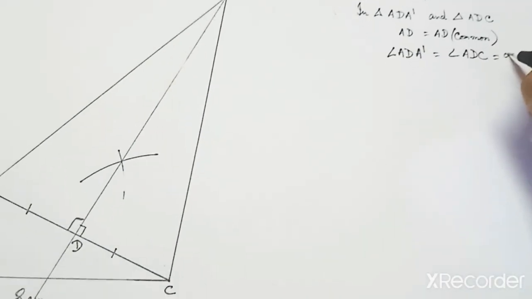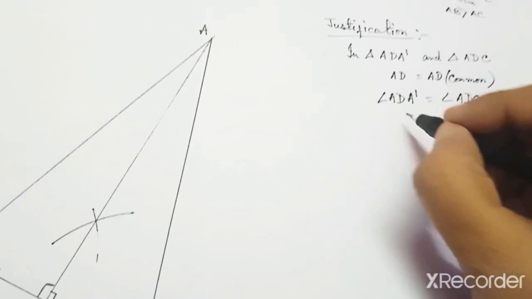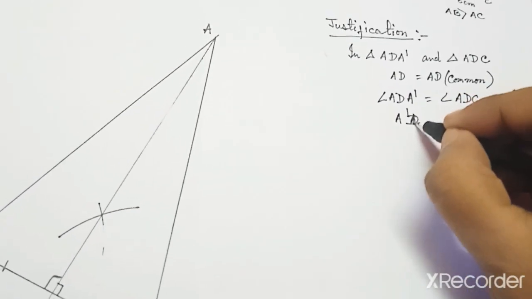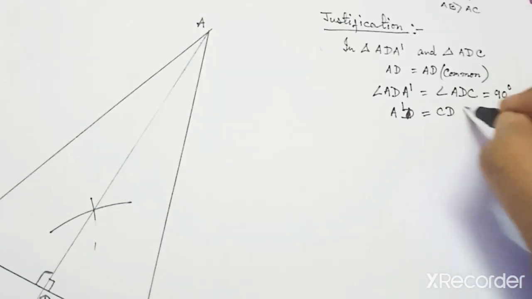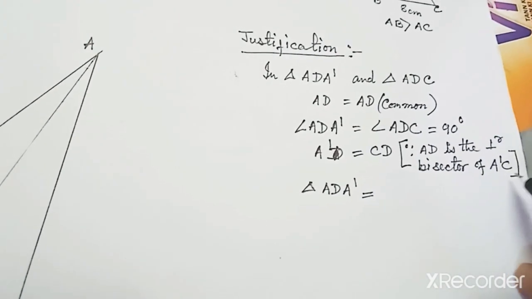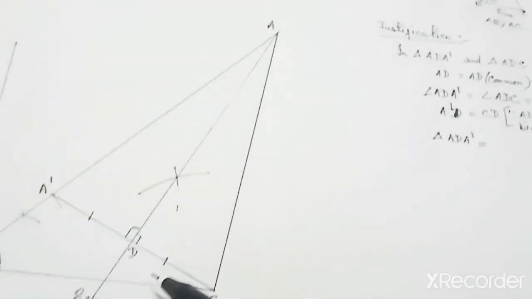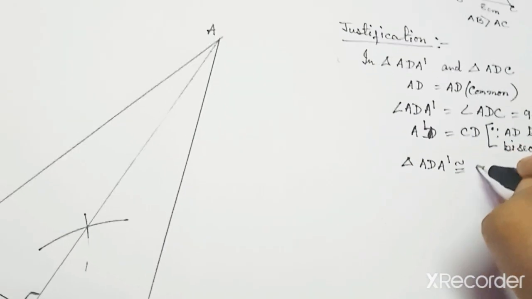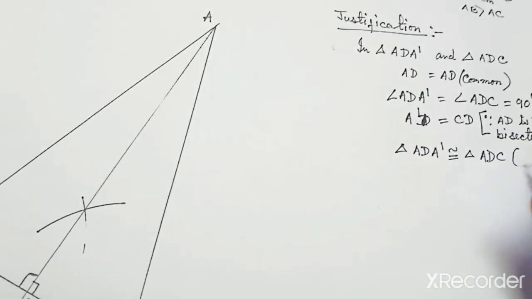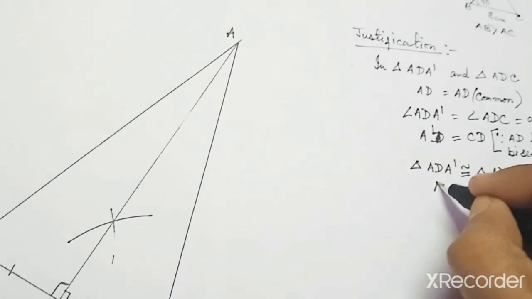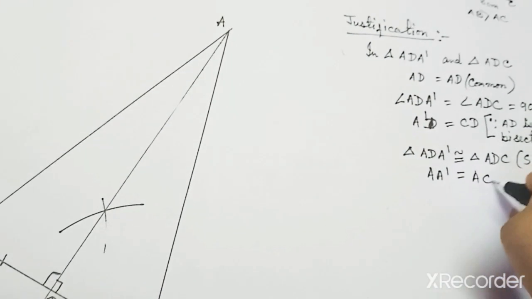So here you can see that it is 90 degree, and this A dash D equals CD, since AD is the perpendicular bisector of A dash C. Okay, and therefore triangle ADA dash is congruent to triangle ADC by SAS congruency, and then from CPCT we will get AA dash equals AC.